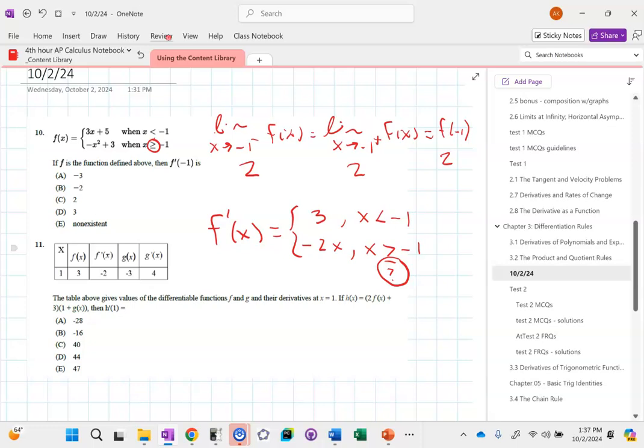So we haven't determined if the derivative exists, right? I know everywhere up to the endpoint on 3x plus 5, the derivative exists, but I don't know if it exists at -1. Same thing, I know the derivative exists for -x squared plus 3 everywhere, but at its endpoint at -1, I have to check that, right? Because I know a one-sided derivative doesn't exist, right?